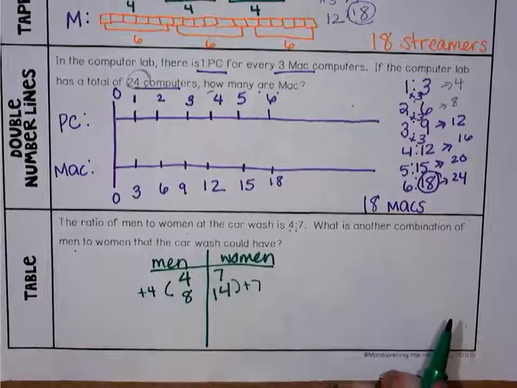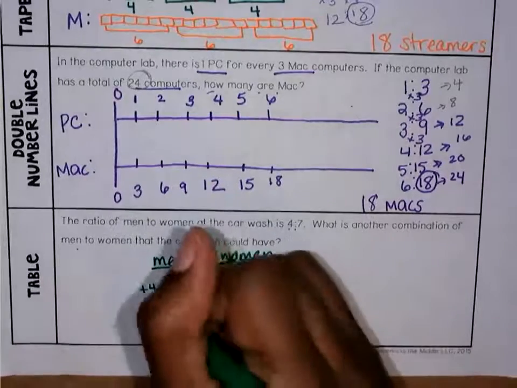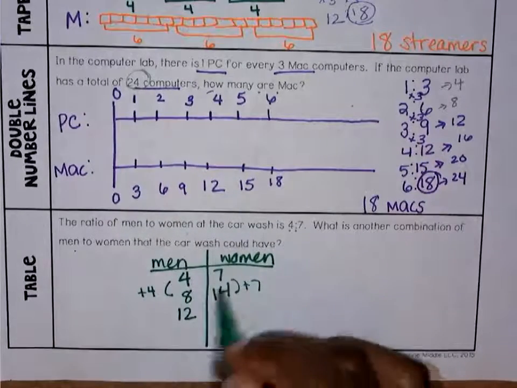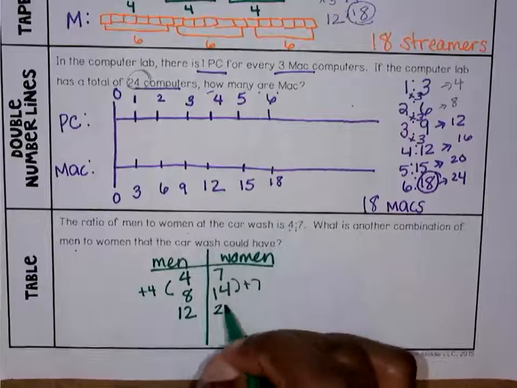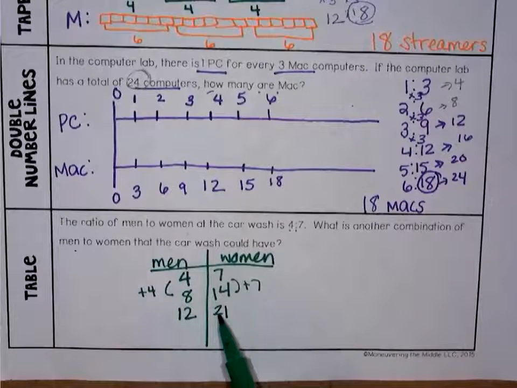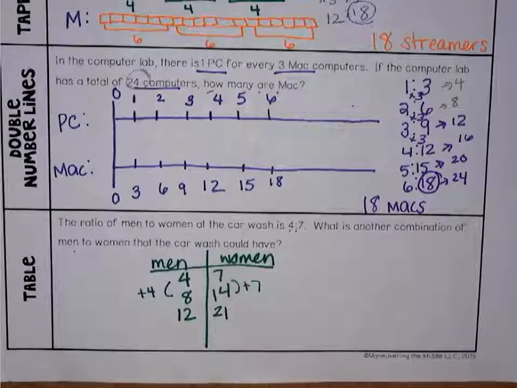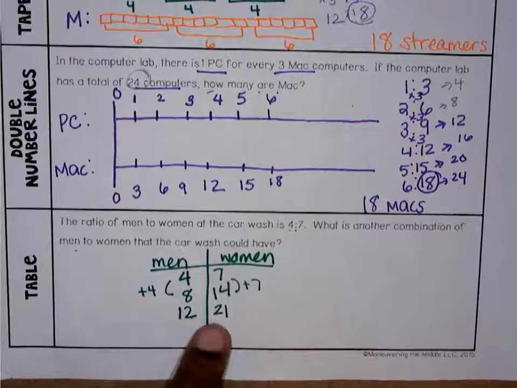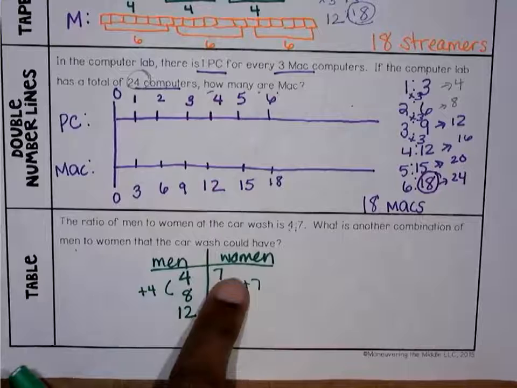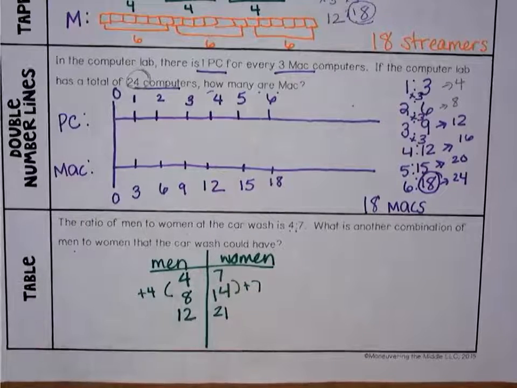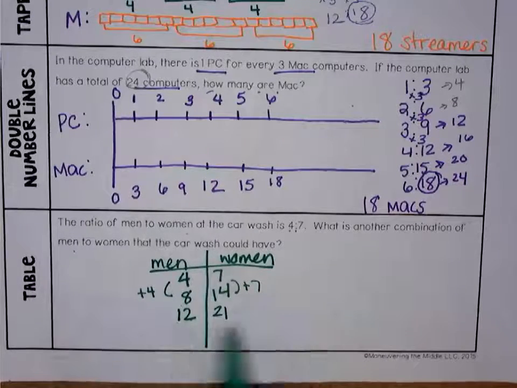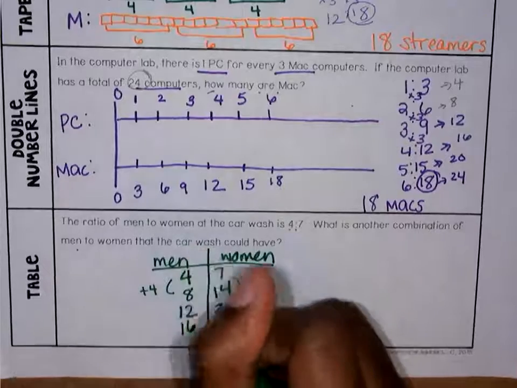So what if I keep adding 4? 8 plus 4 is 12. Add another 7. 7 times 3 is 21. Okay, 7, 14, 21. So there's a pattern. Still the same ratio, because if I simplify 12 and 21, it will be 4 and 7. So you're just making equivalent ratios. So I'm going to add another 4, 16 to 28.